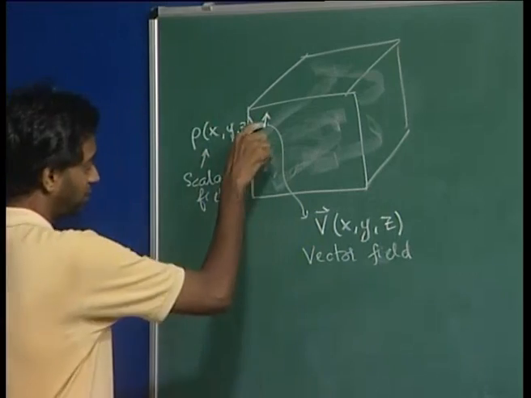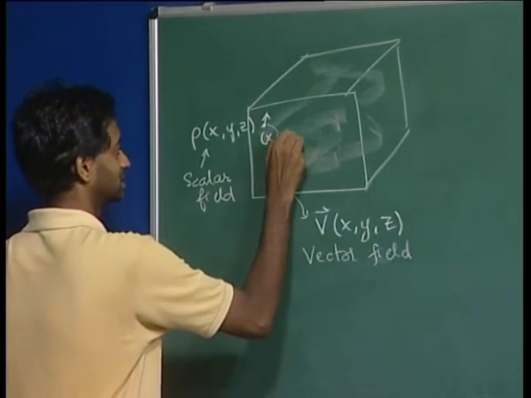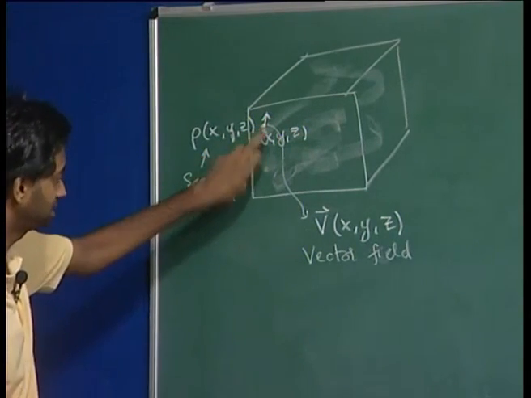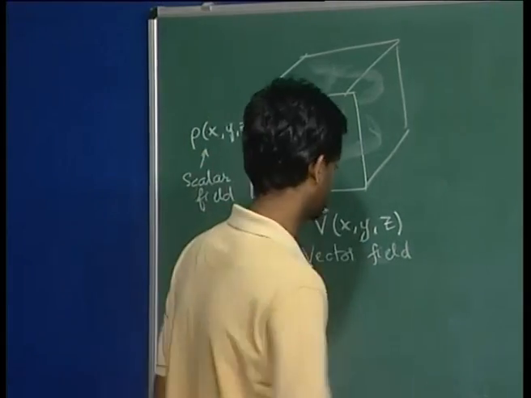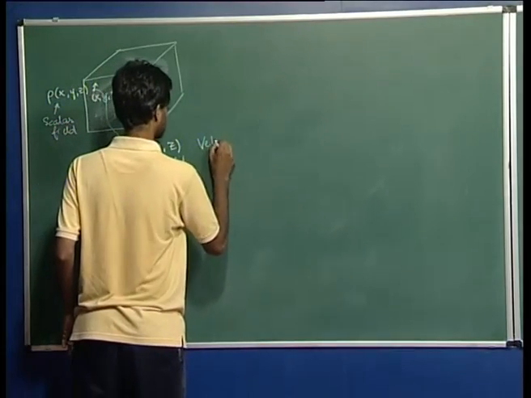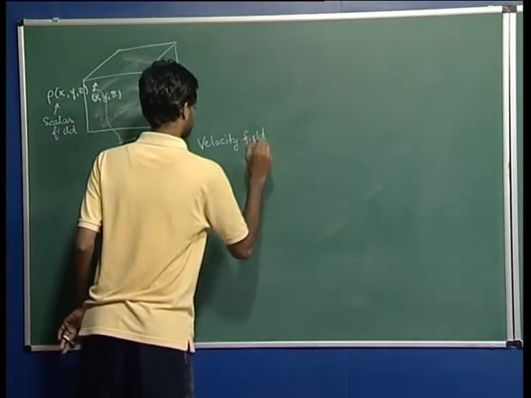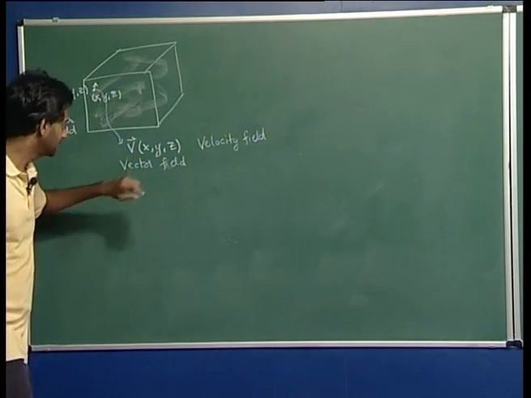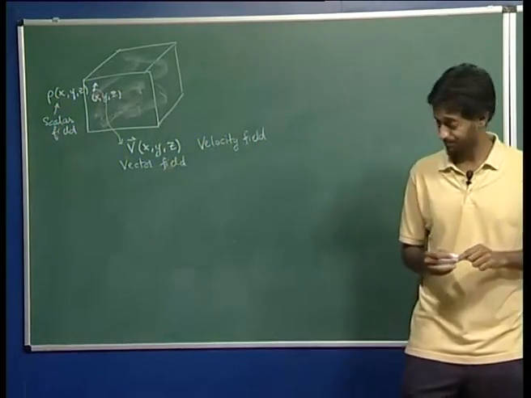So, at any point x, y, z, you have a local density and a local velocity field. So this is the velocity. This is a scalar field and this is a vector field, and it is these two fields that are fundamental in hydrodynamics.